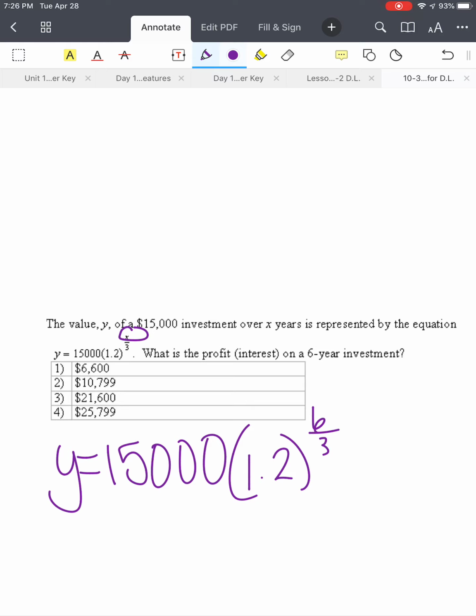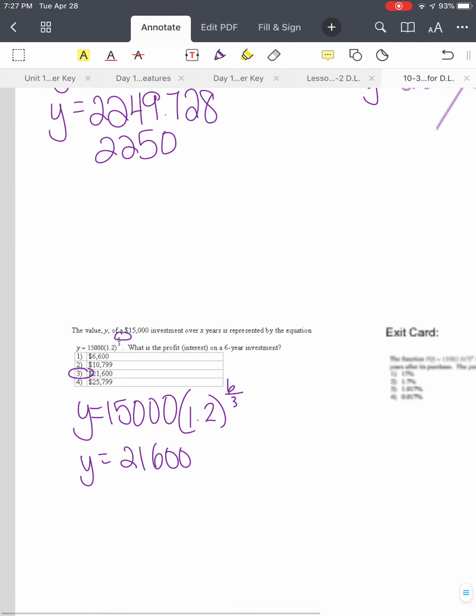So let's type that in. Just do 6 divided by 3 in your exponent. And there we go.